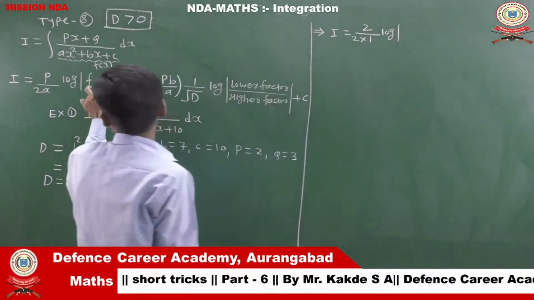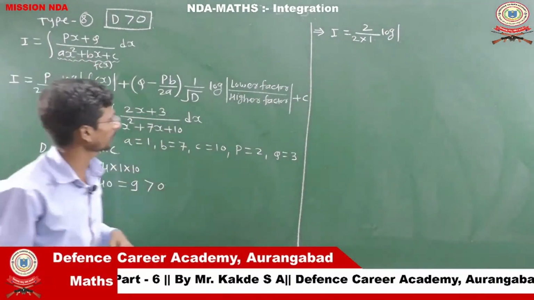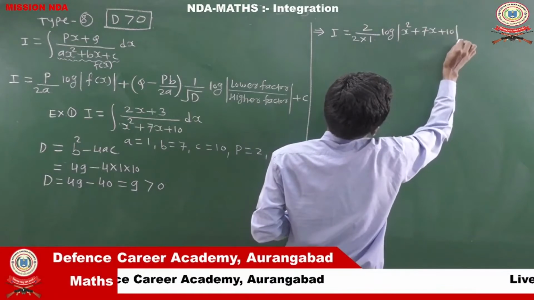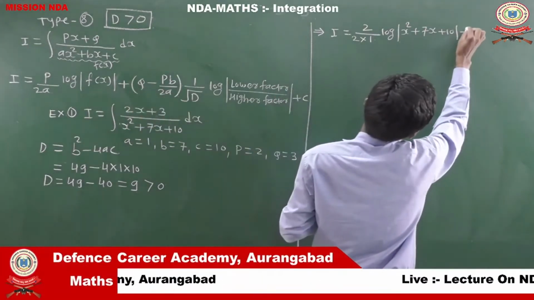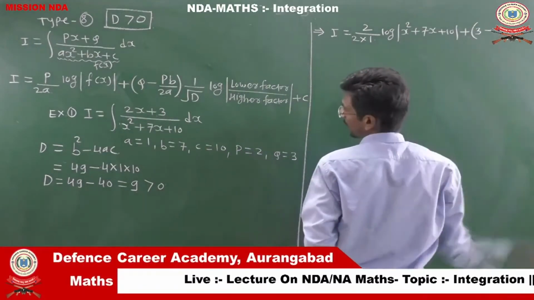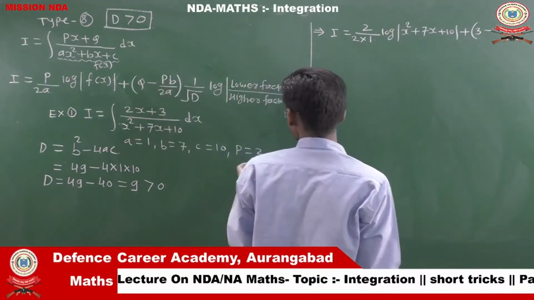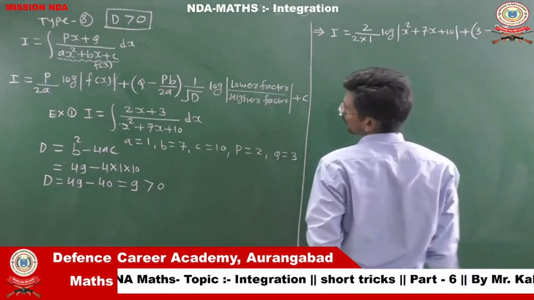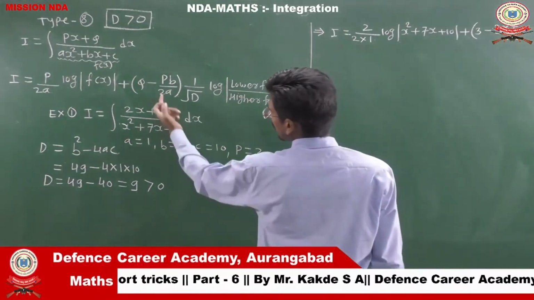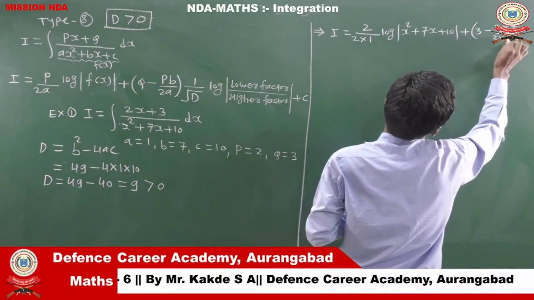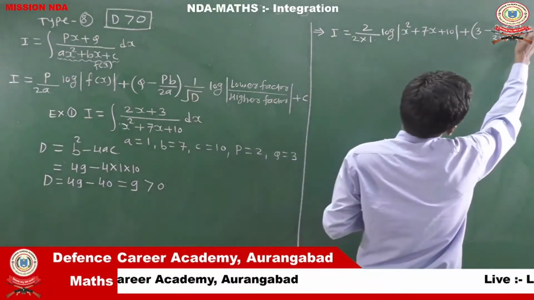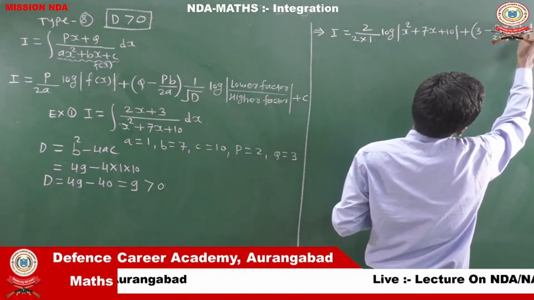of f of x. F of x means this quadratic form x square plus 7x plus 10, then plus in bracket value of q is 3 minus pb upon 2a, value of p is 2 into value of b is 7 divided by 2a, 2 into value of a is 1, into 1 upon root d.